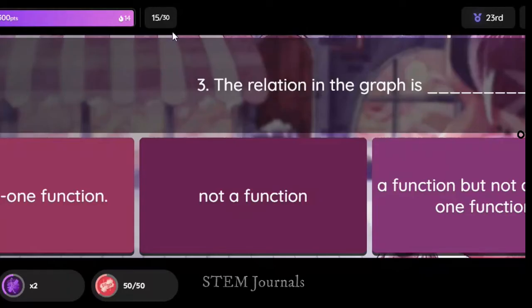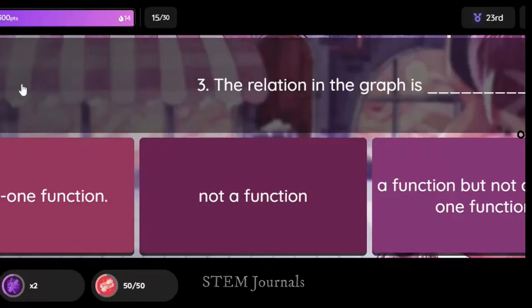Ito naman, ito yung correct answer dito. Once na mag-draw ka ng vertical line kahit saan dito, isang point lang yung tatamaan. Walang magdodoble kasi pa-curve siya. So ibig sabihin, function siya.